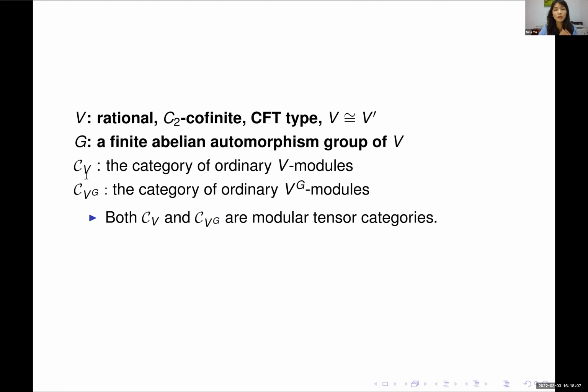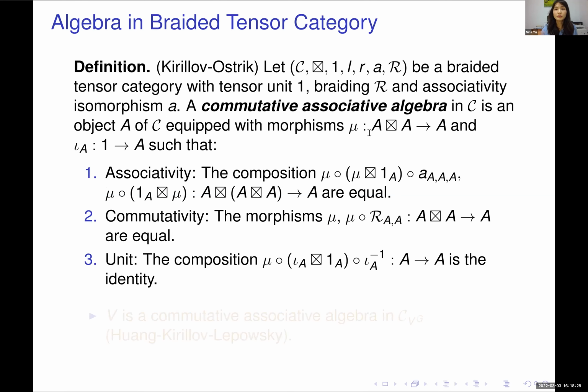Now, recall that we have notations for the category of V-modules and the category of V^G-modules here. Under the conditions here, both C_V and C_{V^G} are modular tensor categories. So C_{V^G} is a modular category, and in particular, of course, it is a braided fusion category.